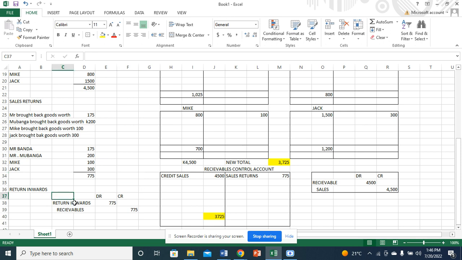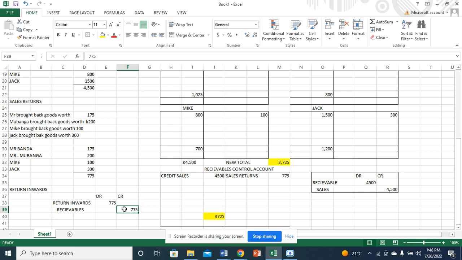Return inwards, you are bringing back goods, right? So what you are owing is going to reduce. So as a receivable, you are reducing. A receivable is an asset, and a reduction in an asset is credited. Whenever you return goods, the amount owed by that person will lower.